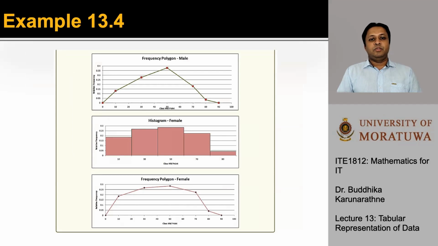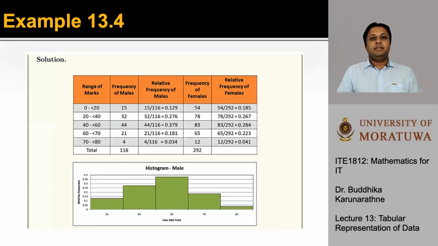Similarly, you have the classes from 0 to 20 and you mark the midpoints, and you can draw the frequency polygon for male students. And similarly, for the distribution of female students' marks, you can draw the relative frequency histogram as well as the frequency polygon. In order to do that, you have to calculate the relative frequencies for each population.